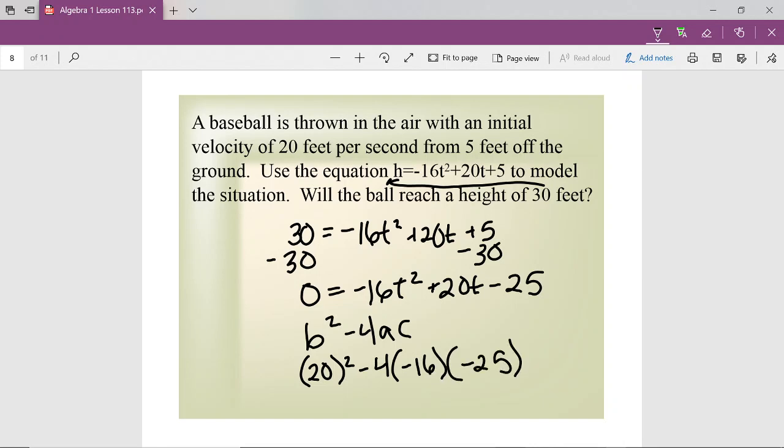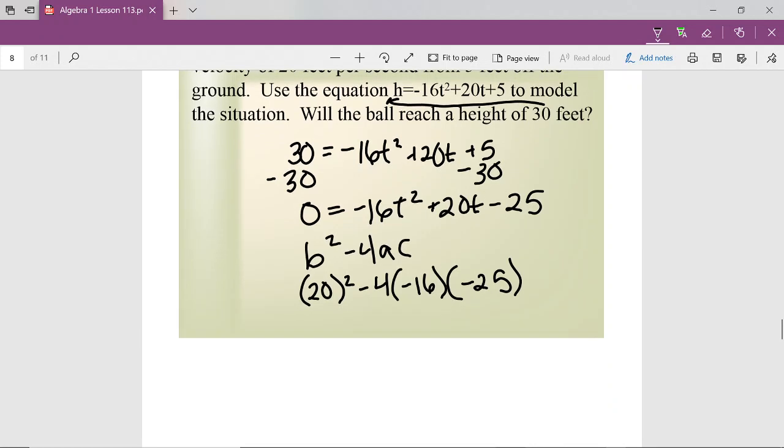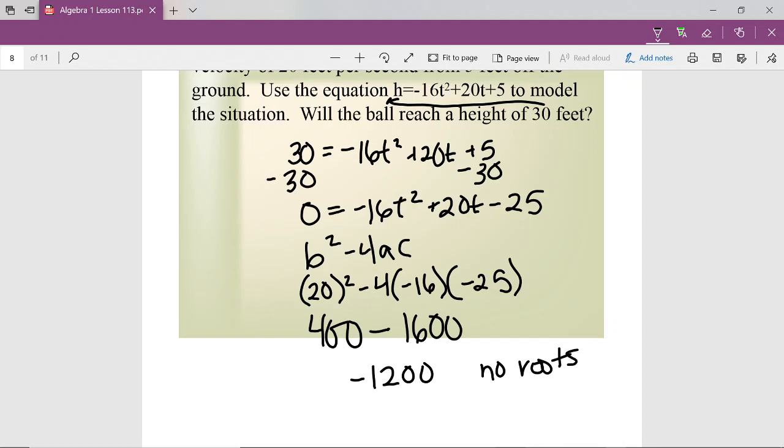This is not looking so good with all those negatives. We plug it in and we get 400 minus 1600. Well, that comes out to a negative 1200, so we have no roots, meaning that this is not going to get up to a height of 30 feet. It's not going to reach that because there are no solutions to this quadratic.